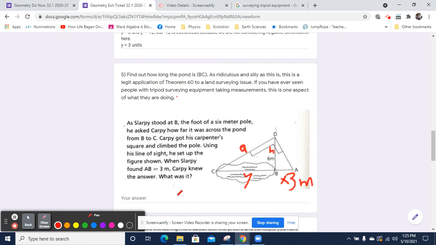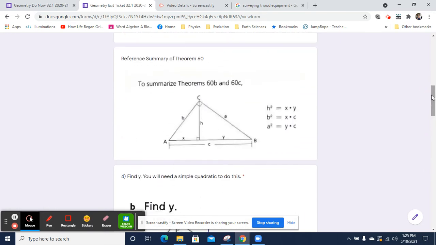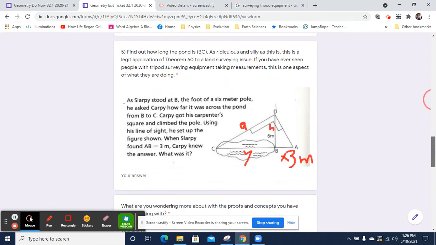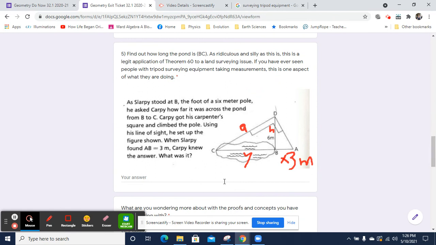So I've got x and y, and I've got h. If you recall from way back at the top, h squared equals x times y, and we have x, but we don't have y.